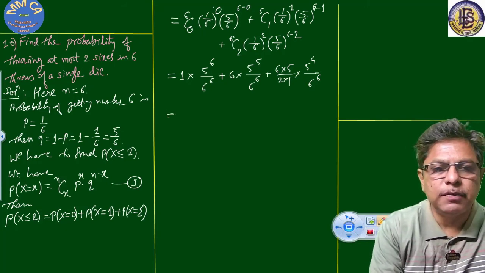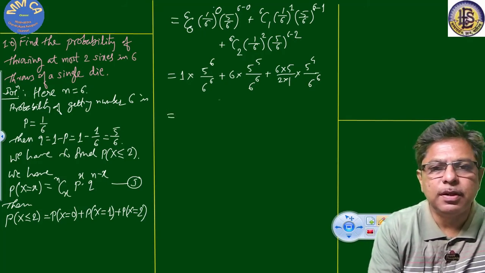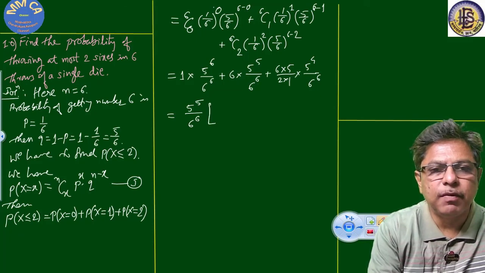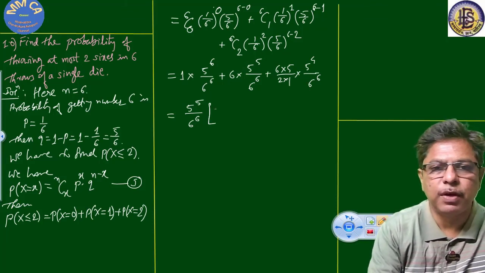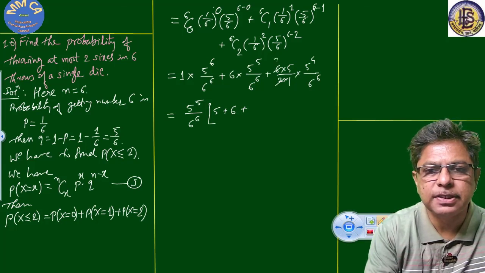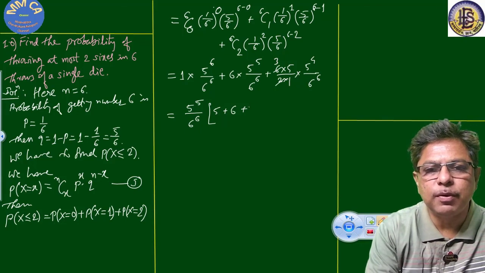And so we can take the terms common here. 5 raised to 5 we can take common, divided by 6 raised to 6. From the first term what remains is, out of 5 raised to 6 we have taken 5 raised to 5, so 5 will remain here, plus here it is 5 raised to 5, 6 raised to 6 is taken outside, so only plus 6 will remain here, plus here 2 gets cancelled, that is 3. 5 into 5 raised to 4 means 5 raised to 5 is taken common outside, 6 raised to 6 from the denominator, so numerator will be only 3.